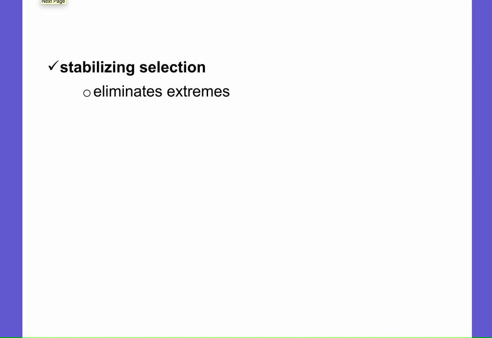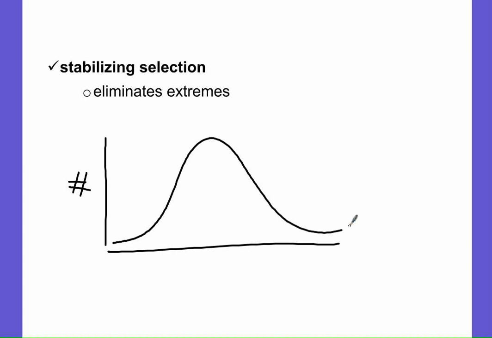So there's this stabilizing selection. So again, we always start with a normal distribution, so you just need to draw that in there, that normal bell curve. It doesn't have to be perfect, but pretty close. I have a new set of traits here to deal with, and this is going to be an example from the book.